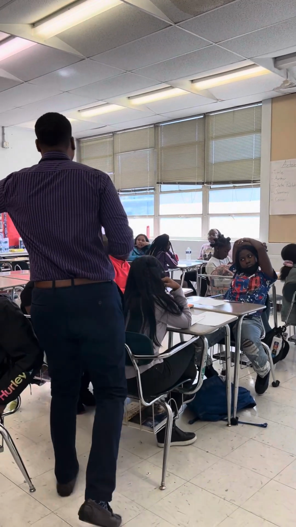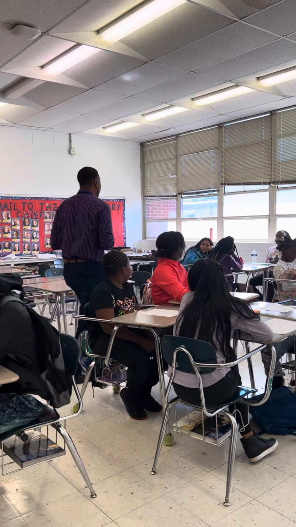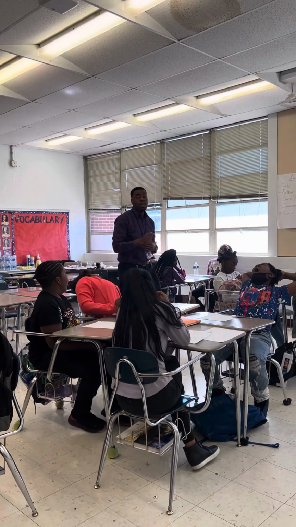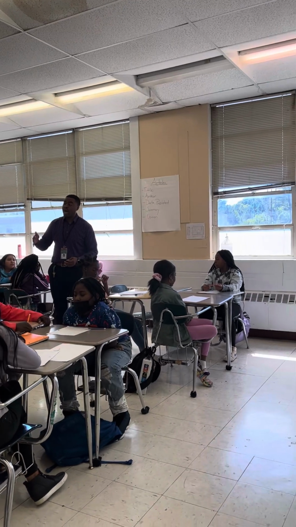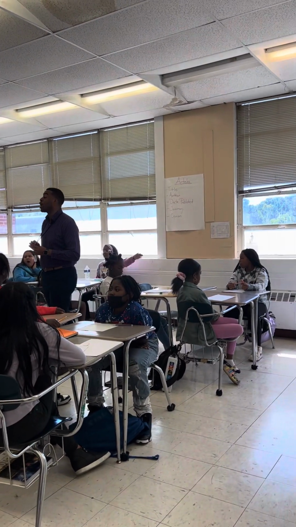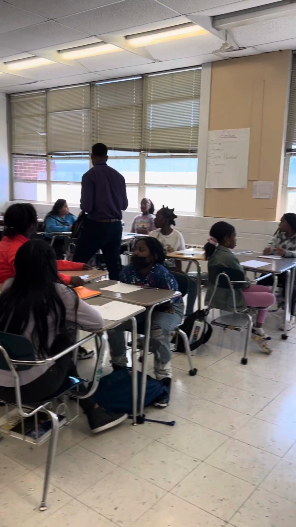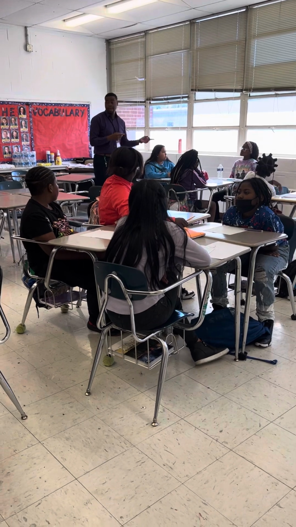Group 4 and group 5, you're going to write it from a third person point of view, meaning you're not talking about yourself. If I'm telling you to write it from a third person's point of view, how are you going to write this? You're doing what about a poor neighborhood? Names. What else?